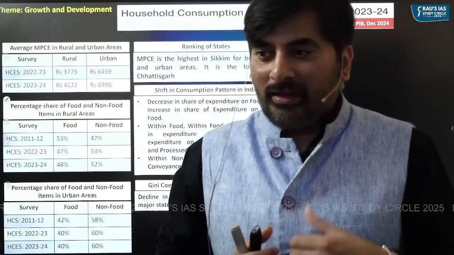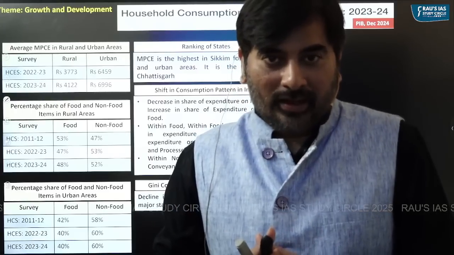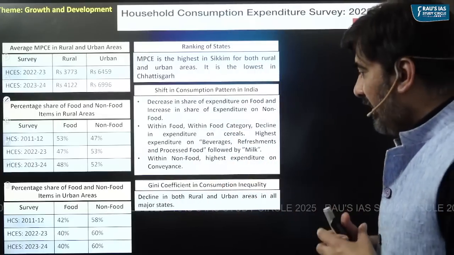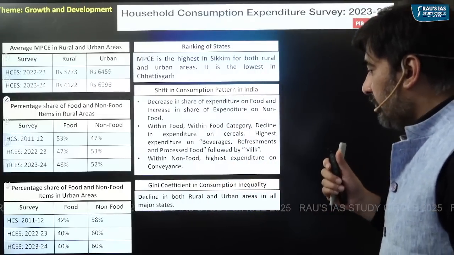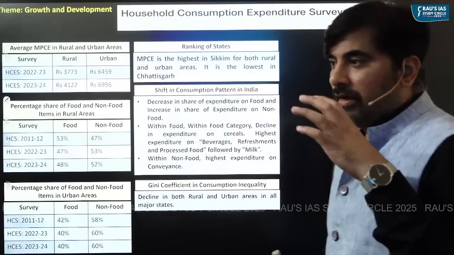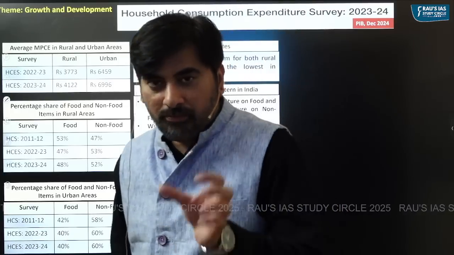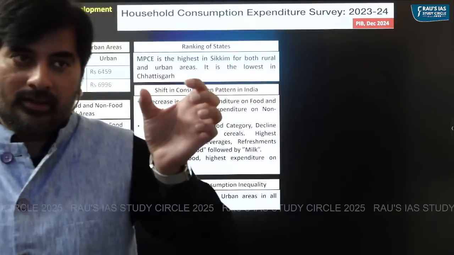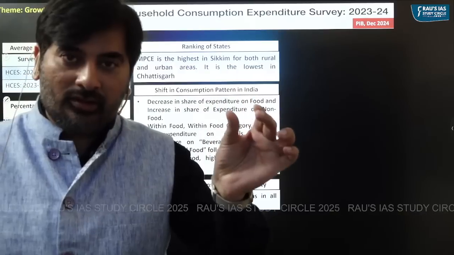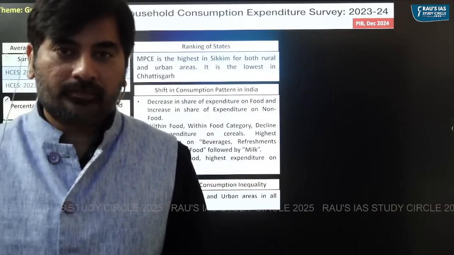Same way, we can measure inequality in terms of consumption also, right? So if you look at the inequality in terms of consumption, that is expenditure, the survey has pointed out that Gini coefficient has reduced. Reduced Gini coefficient means that the inequality in terms of consumption has got reduced.